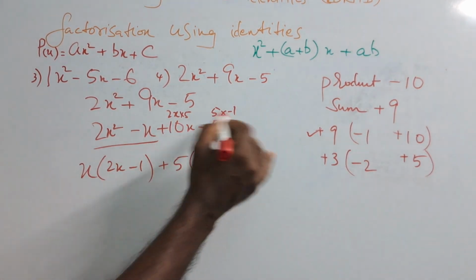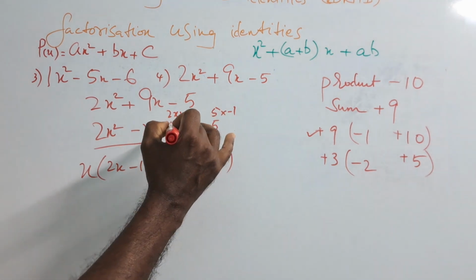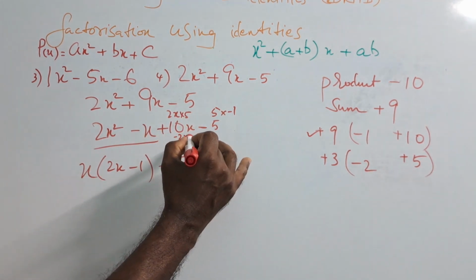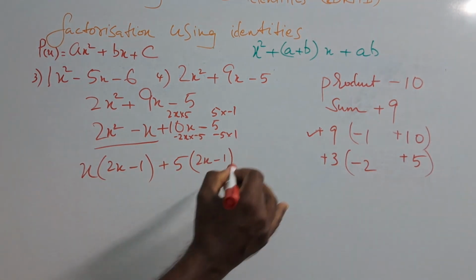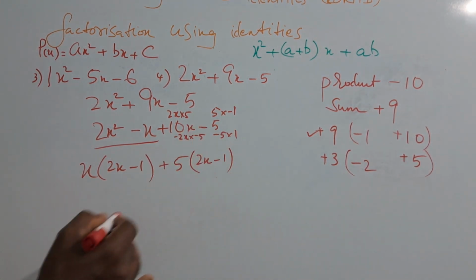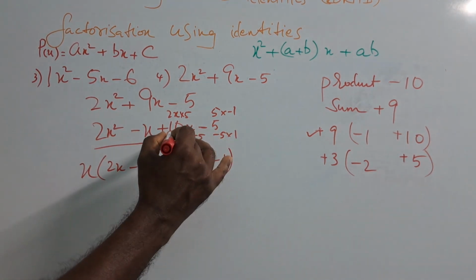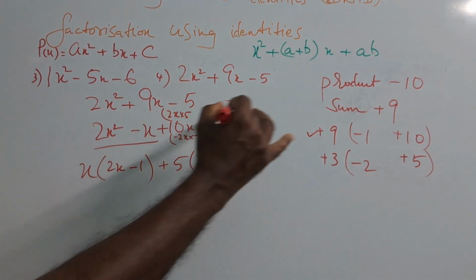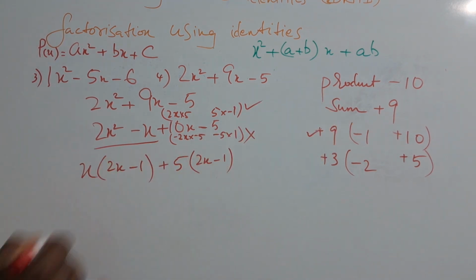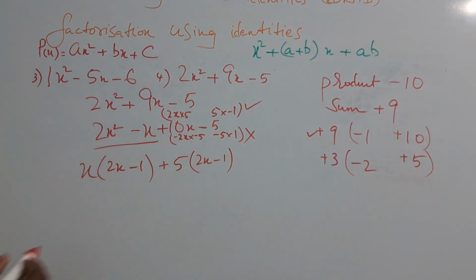Or this can also be split as minus 2x into minus 5, minus 5 into 1, which do not give 2x minus 1 here. So we skip this type of factorization and we use this one so that we get identical common factors.